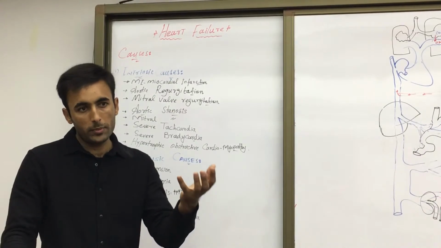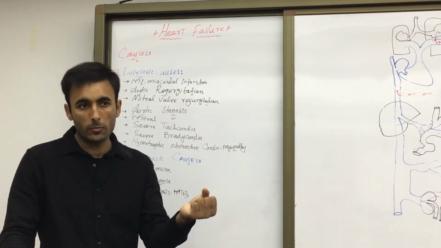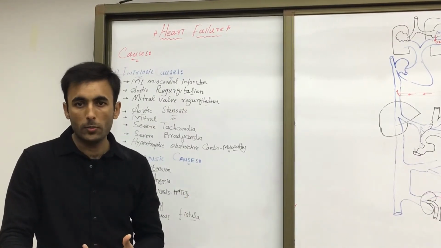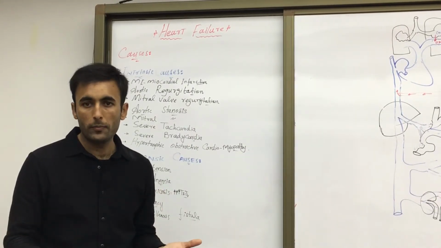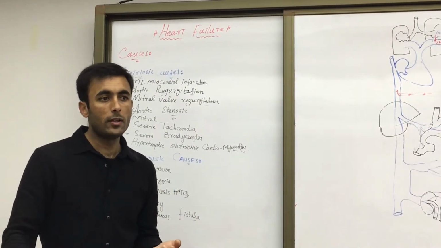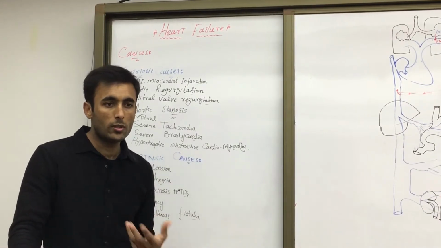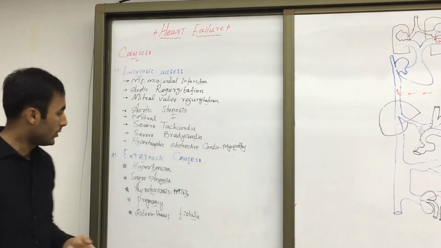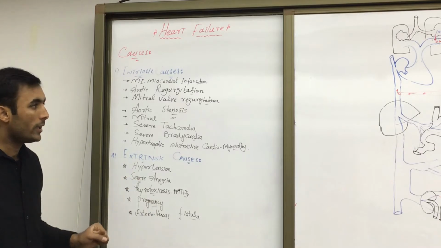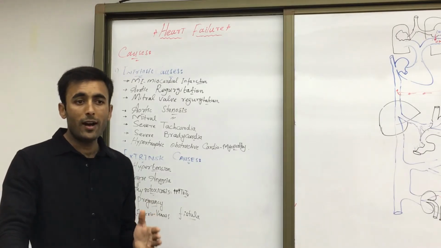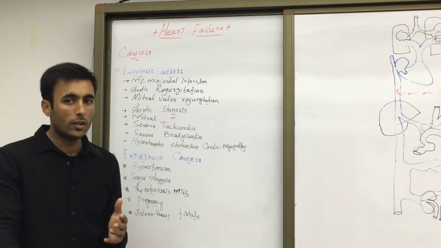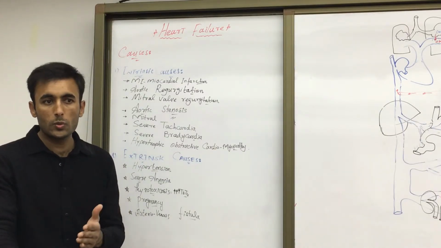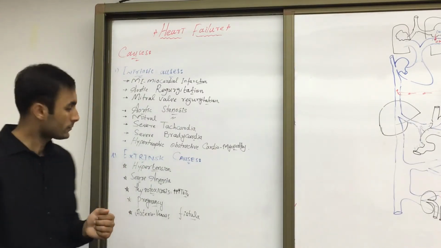Inside the red blood cell, hemoglobin is very low, and it cannot carry sufficient oxygen to the body tissues. That can also cause heart failure, because we said that heart failure is a condition in which the heart cannot meet the body tissue demands of oxygen.